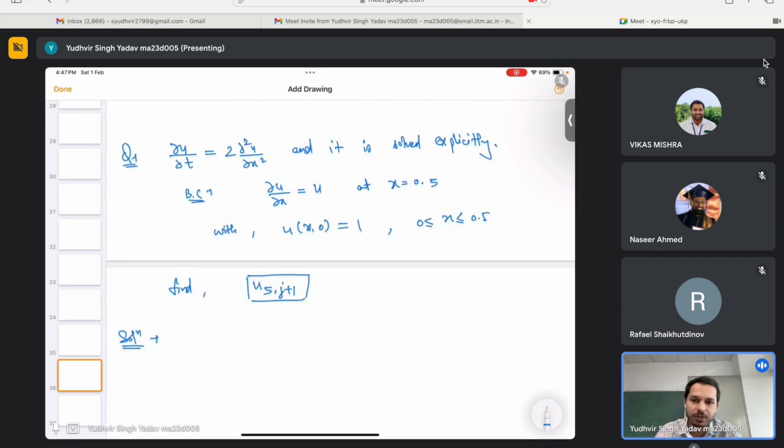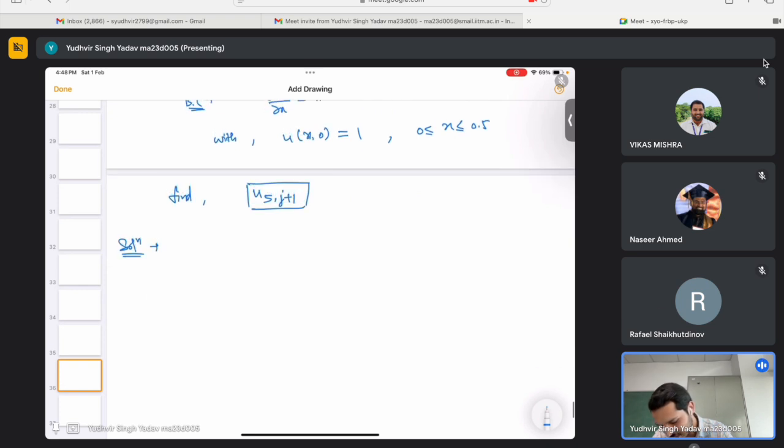Here we have a simple heat equation, and it is stated that we have to solve it explicitly, that is, we are using the explicit scheme. But the boundary condition here is a derivative boundary condition, or you can say Neumann boundary condition. So we need to find the term u5, j plus 1 of the explicit scheme. Firstly, we will see what the explicit scheme is.